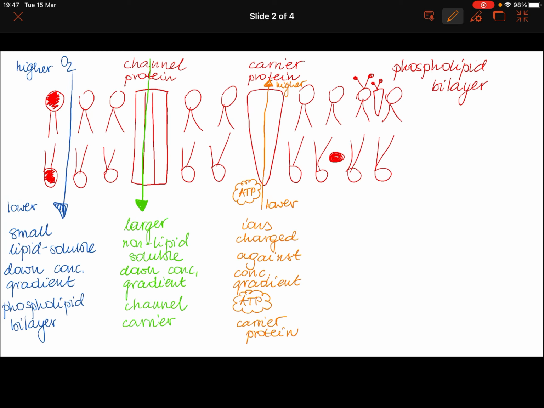Another type of transport is the osmosis of water. Osmosis is the process where we need to use different terminology, so we use a different slide for osmosis.